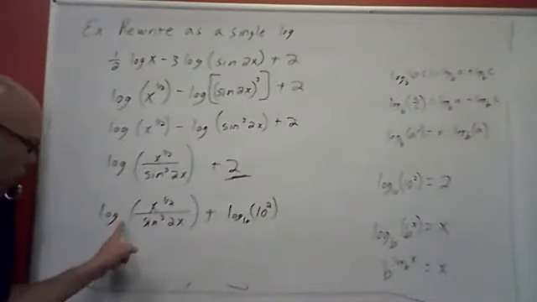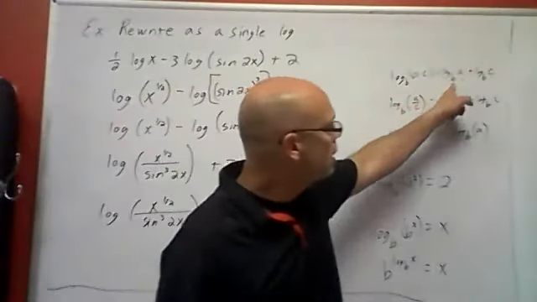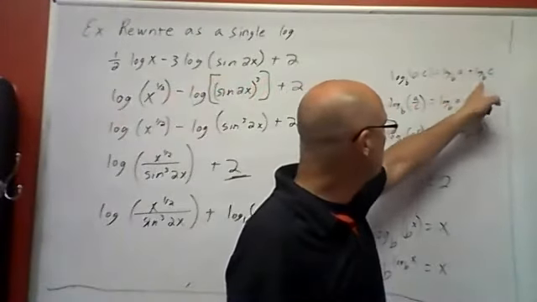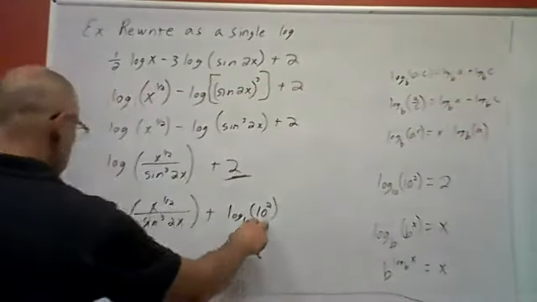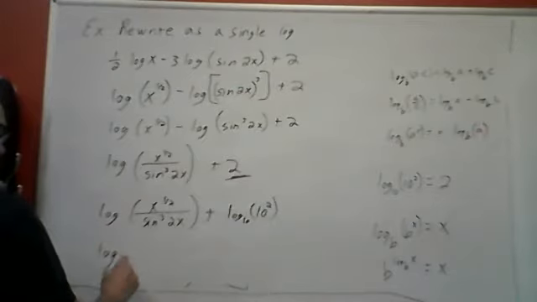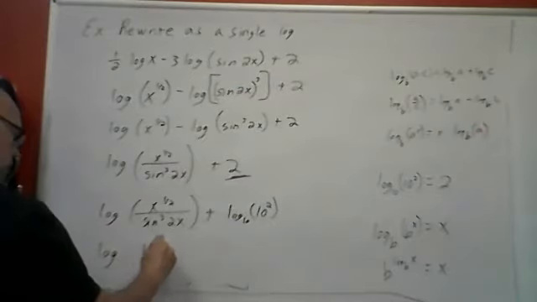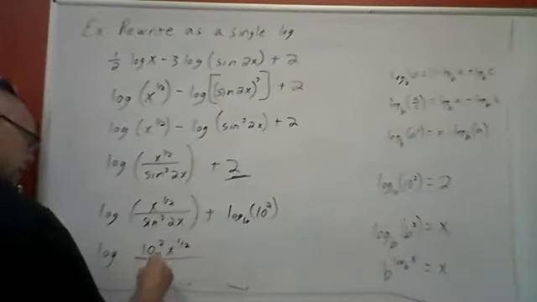Now I have two logarithms of the same base being added. What does this tell me right here? Two logarithms being added with the same base, I can multiply their arguments. So I'm going to multiply 10 squared by this part. So I'm going to have the log of 10 squared times x to the 1/2 over the sine of 2x cubed.